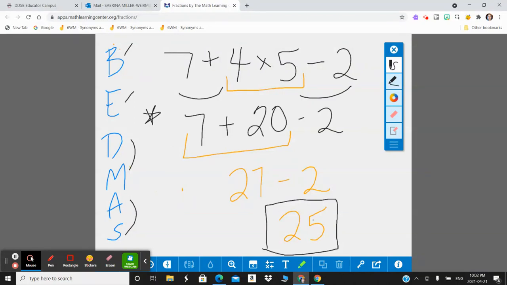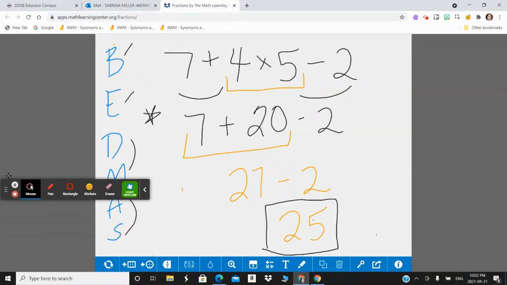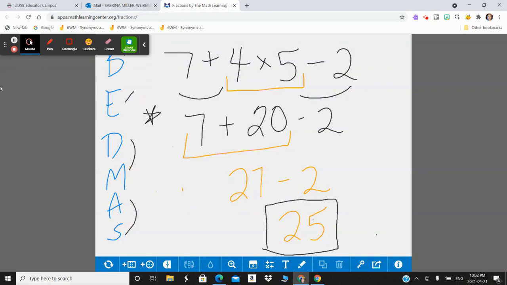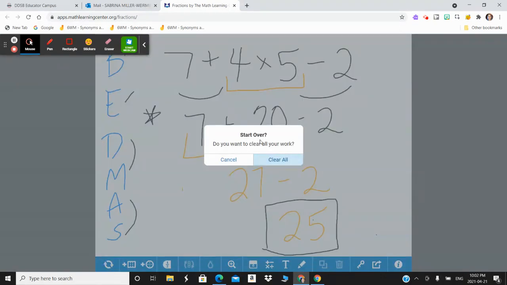So I'm going to clear this screen here, and it has changed a little bit. Will it let me delete everything on my screen or remake it? So the fraction app, if you've noticed on here, has changed a tiny bit. So let's move that there. Okay, there we go.